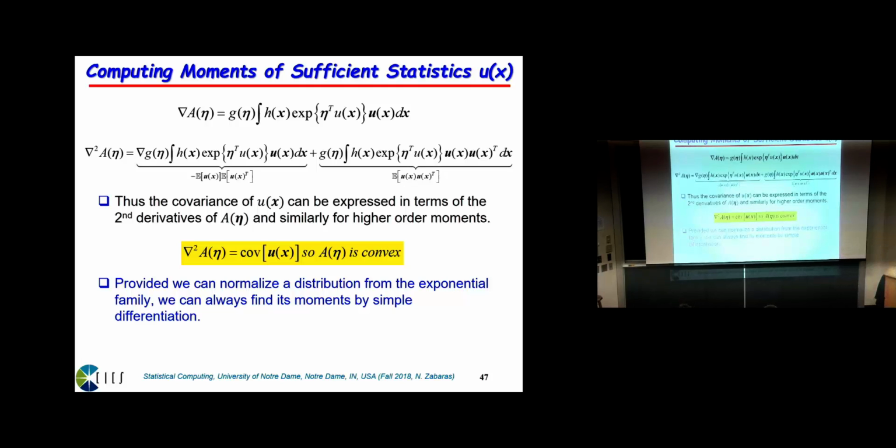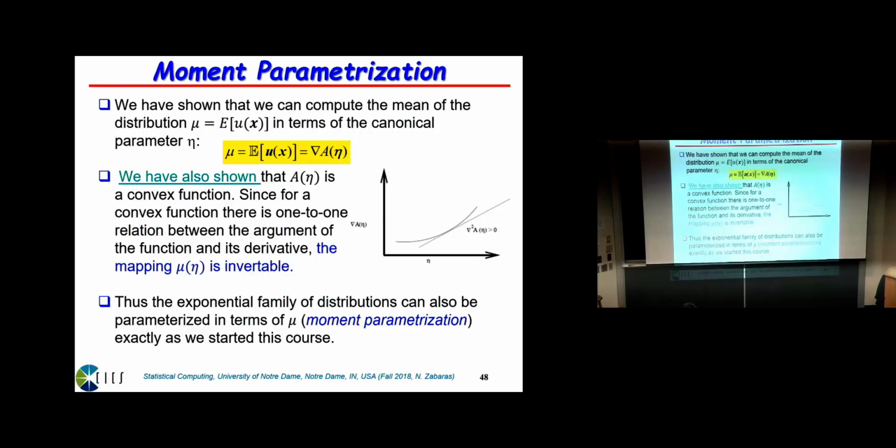And more importantly, from the last equation, we can conclude that this is positive, which means that the function A of eta is a convex function, because the covariance is positive. And what that means, if I write the exact mean equal to the gradient of A, because A is a convex function, I can invert, and from mu go to eta, and from eta go to mu. This is very important.